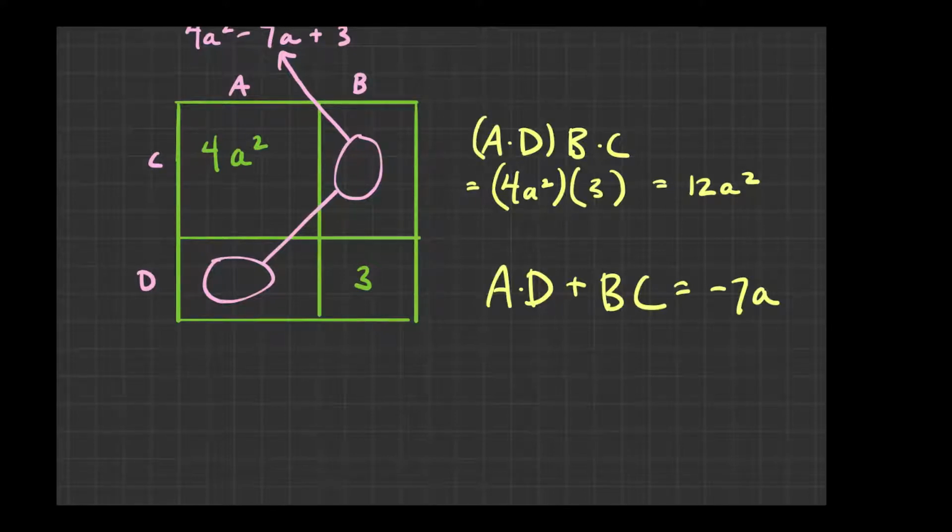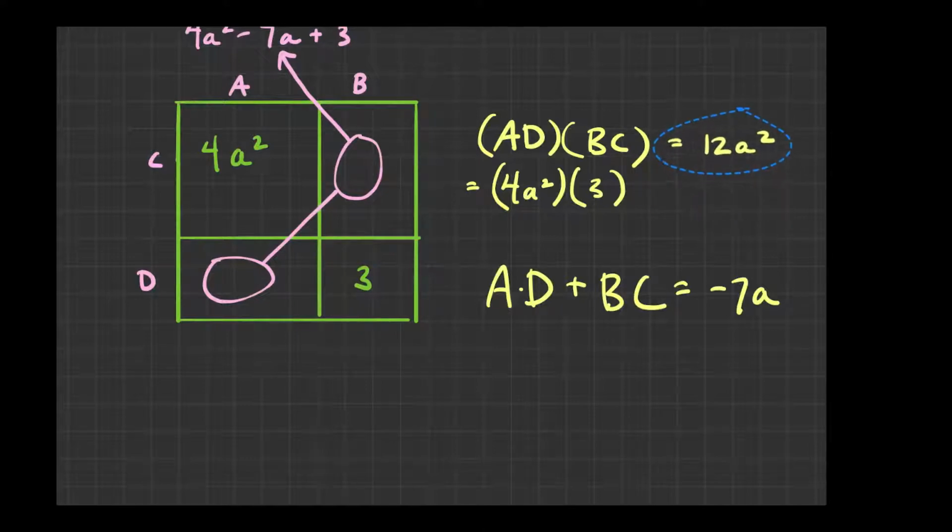And if I think of them as two numbers multiplied by each other, maybe I'll just write it like this: A times D times B times C. Well, that's what my 12a is, right? I'm actually going to put this back up here. I think we understand where the 12a comes from.